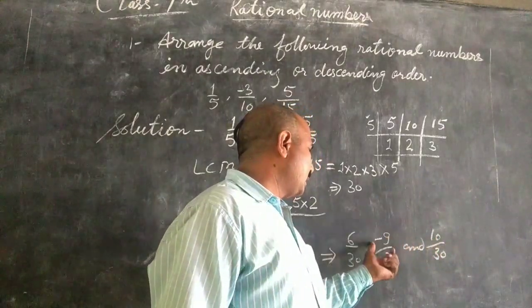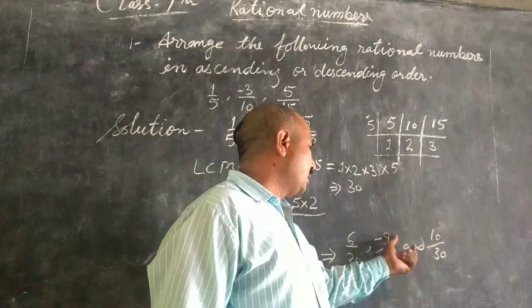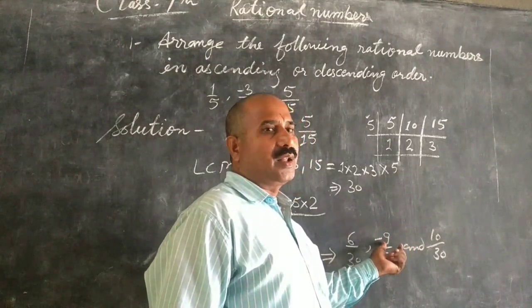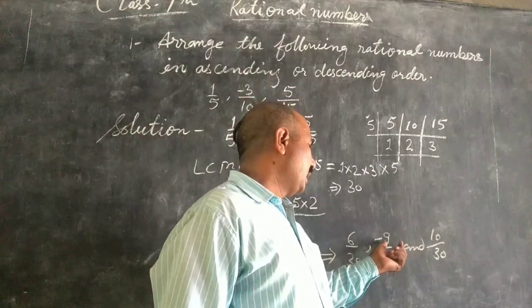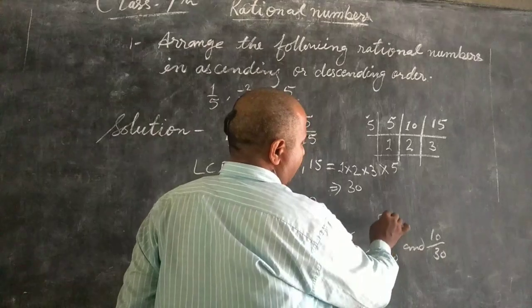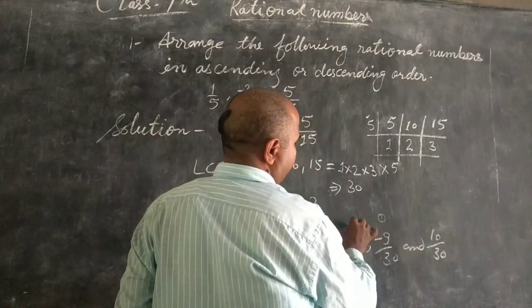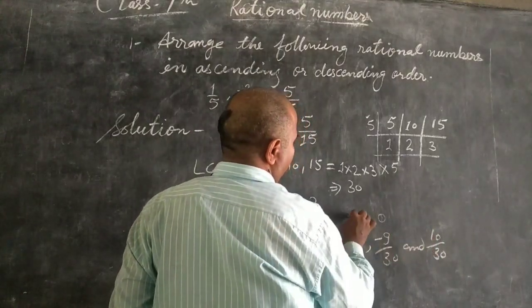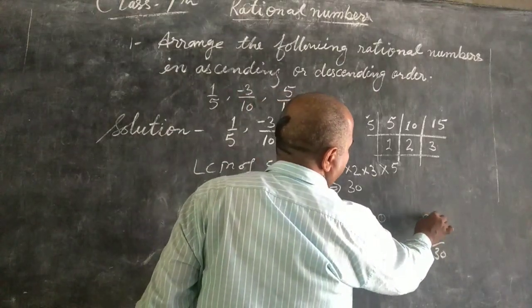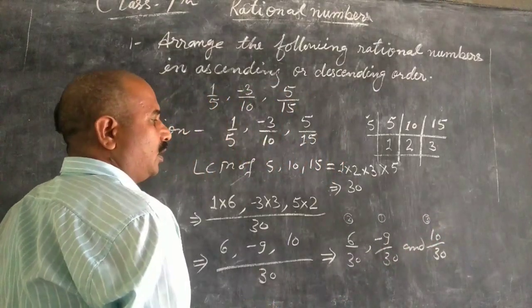And when you consider the second rational number, that is negative, and all negative numbers are less than positive numbers. So in this way, this number is the smallest number. After that, 6 is less than 10, so the second number will be 6 by 30 and the third rational number will be the largest.